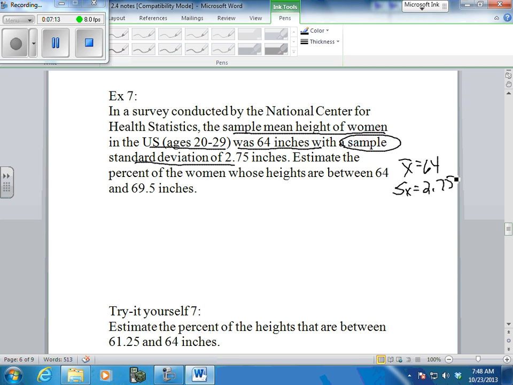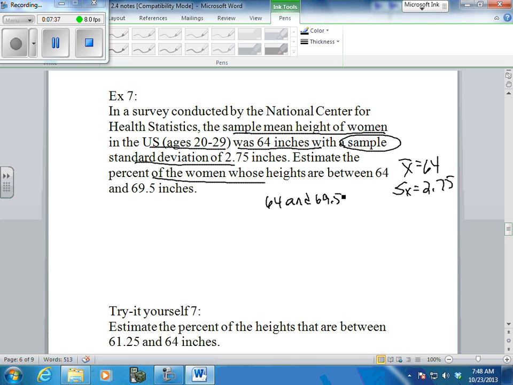I have a sample of women ages 20 to 29. They come from a population of all women ages 20 to 29. We want to estimate the percentage of women whose heights fall between 64 and 69.5. We want to estimate what percentage falls there.